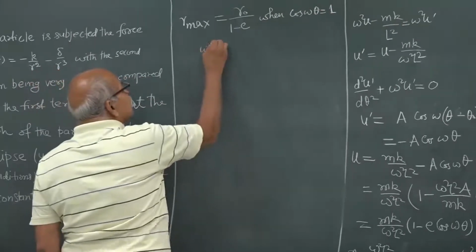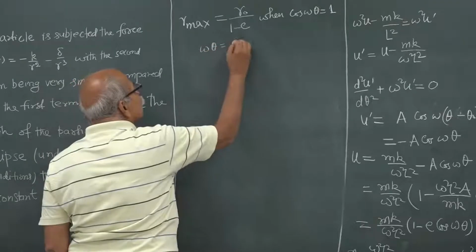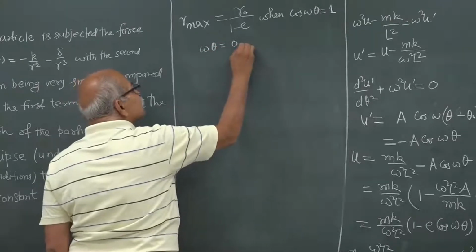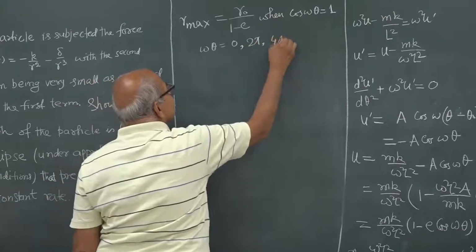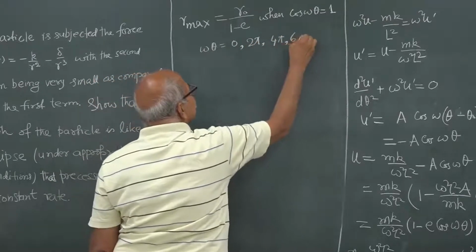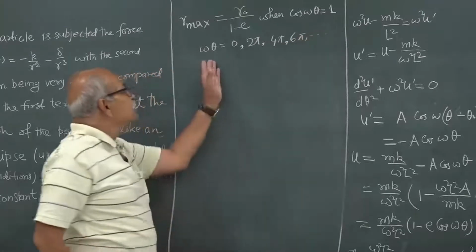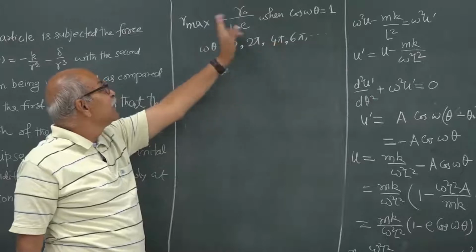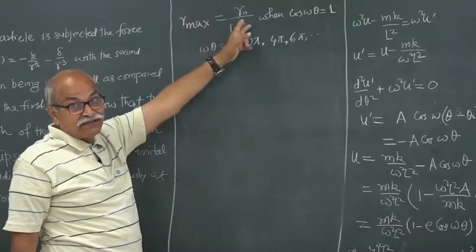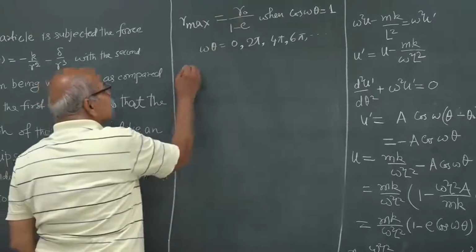Omega theta can be 0, then 2 pi, then 4 pi, then 6 pi, and so on. At these values you have cos omega theta equal to 1, and then r is maximum. Similarly, you can calculate r minimum.